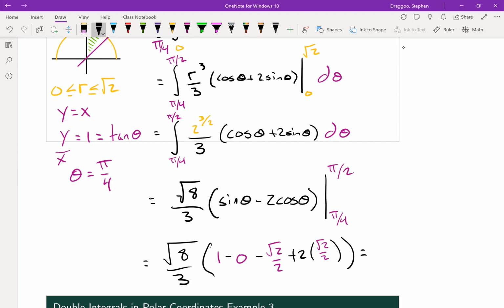So in the end, we can simplify this a little bit. We've got the square root of 8 over 3 times, looks like 1 plus root 2 over 2. And let's call that good enough.